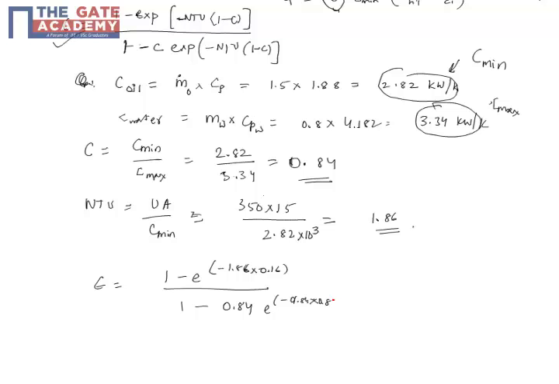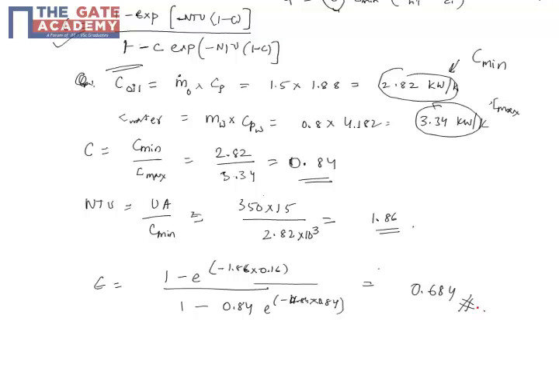So you just have to substitute in this expression. At the top you have 1 minus e power minus 1.86 into 0.16. At the bottom you have 1 minus 0.84 into e power minus 1.86 into 0.16. When you calculate this, you get a value of 0.684.